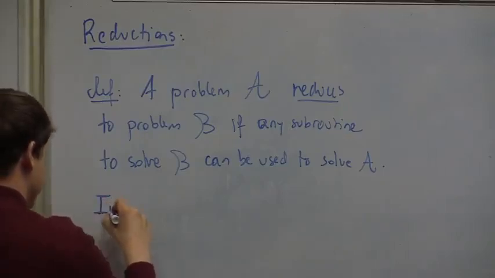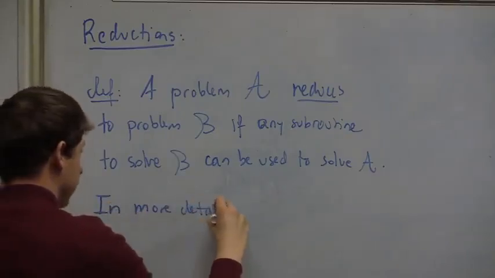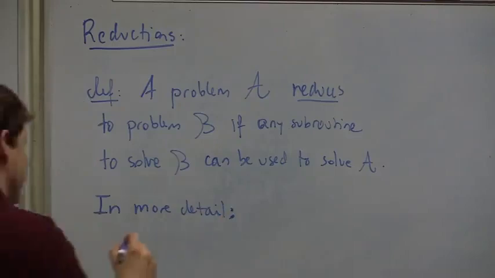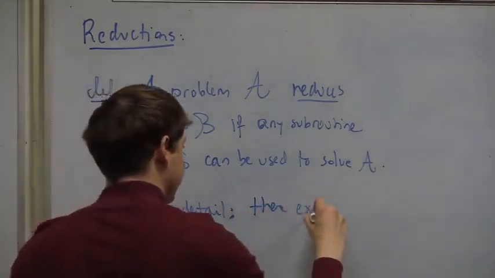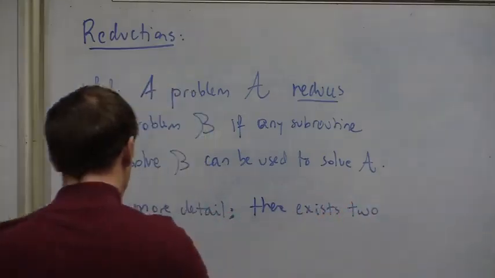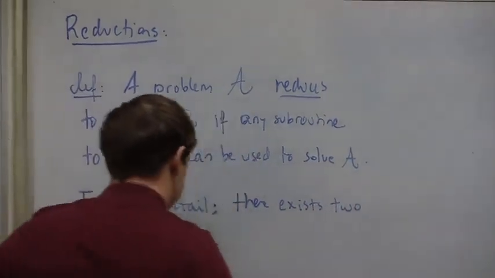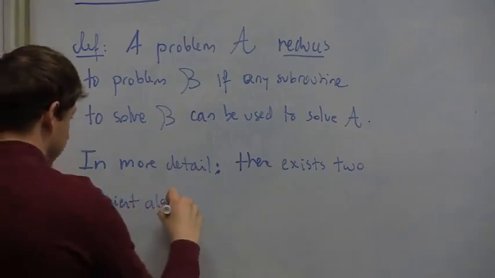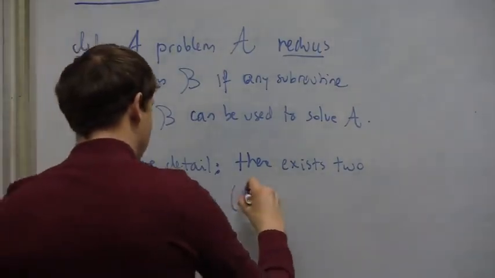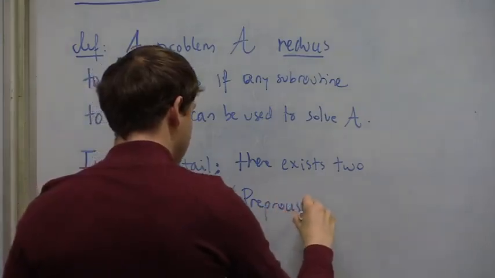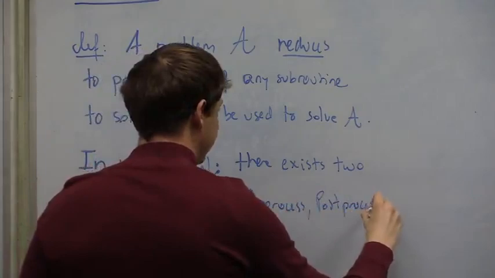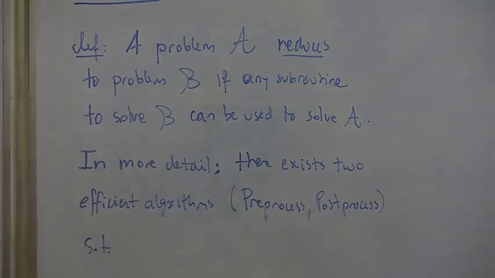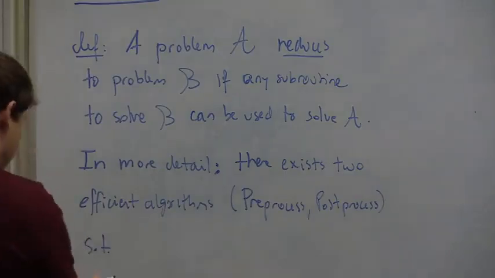So, more detail. There exist two efficient algorithms, we call them pre-process and post-process, such that, and I'm going to use pictures, because this English sentence is going to be too long.